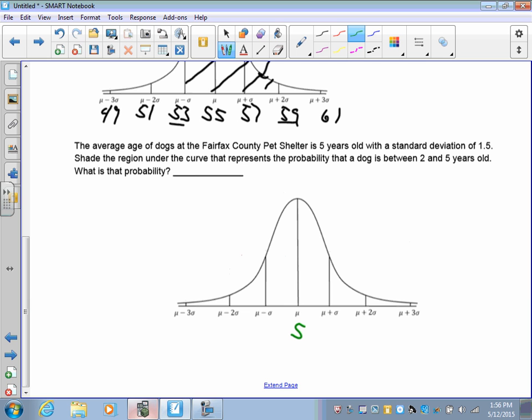And my standard deviation is 1.5. And so you should get 3.5, 2.5, and then 6.5, 8, and 9.5.